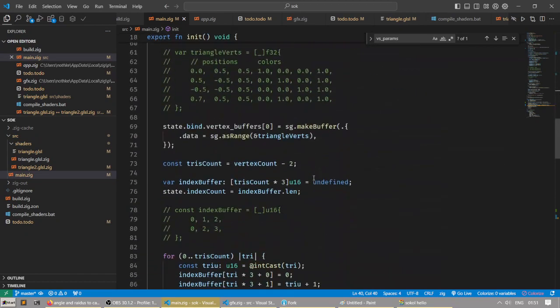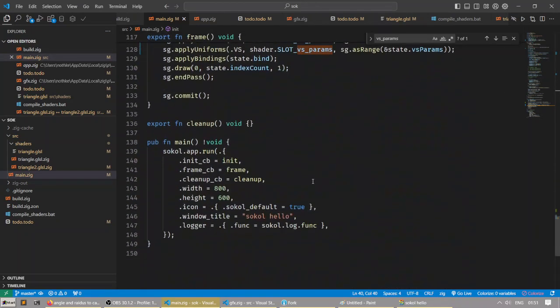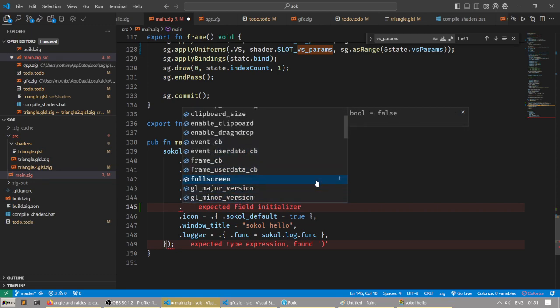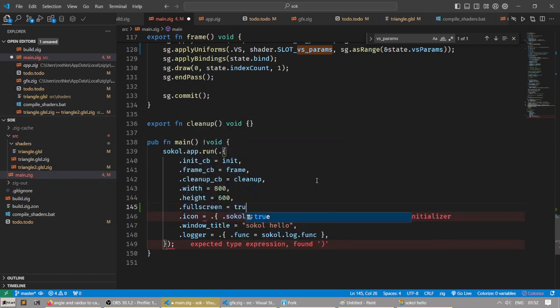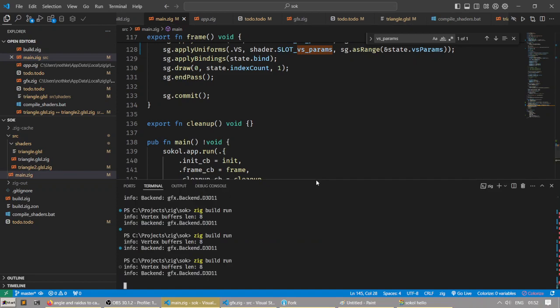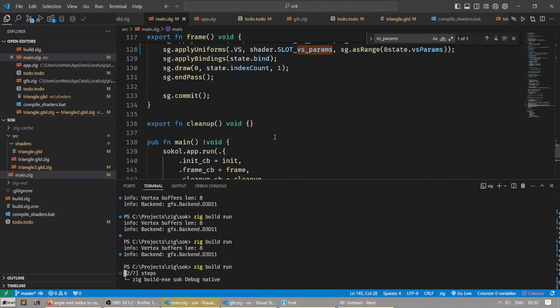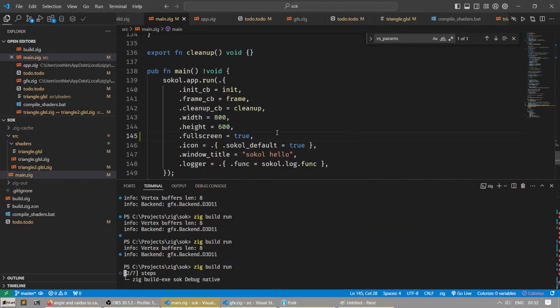So does it have an init? Oh yeah, this is where you put full screen. Full screen is true. Let's try that. Oh, I need to kill it first. There it is.